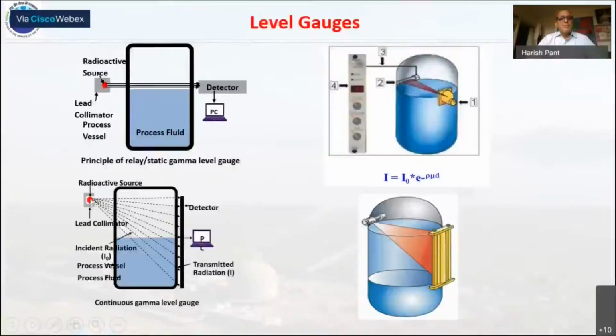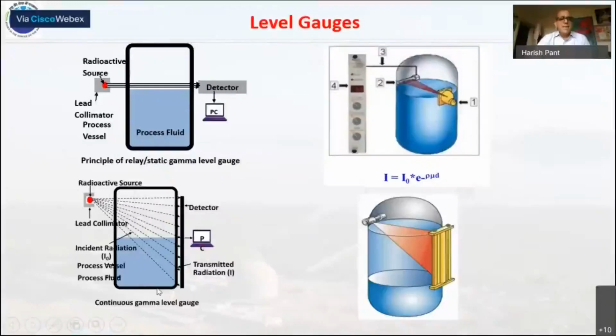Here you have a radiation source, and then you have a fan beam, and you have a detector here. These radiations continuously fall on the detector. When there is a very small quantity of the material, maximum radiation will be falling on this detector, and the intensity of the radiation will be quite high.